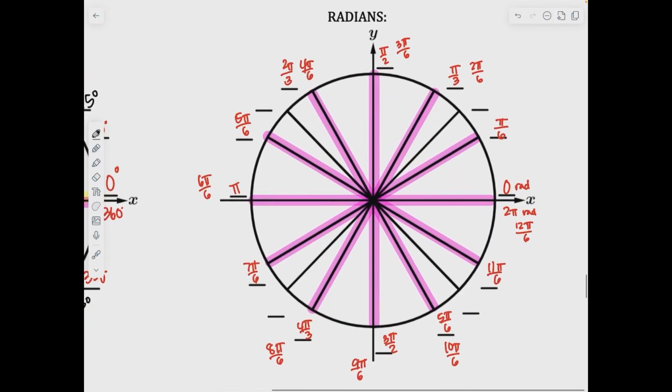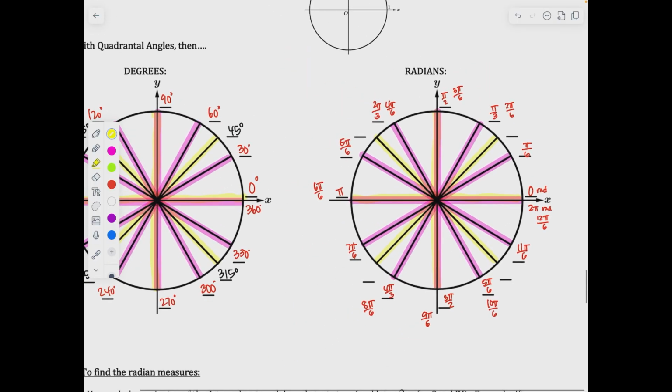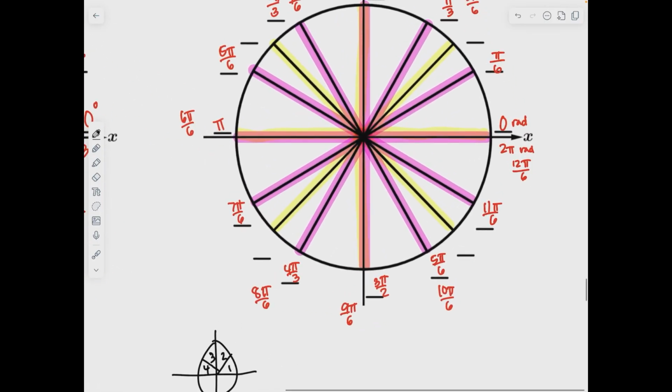For this one, when I do my 45 degree angles, what's going to happen is 1, 2, 3, 4. Now I am quartering this. So if you think about it, 1, 2, 3, 4. I'm cutting pi into quarters. That means that's all denominators of 4.